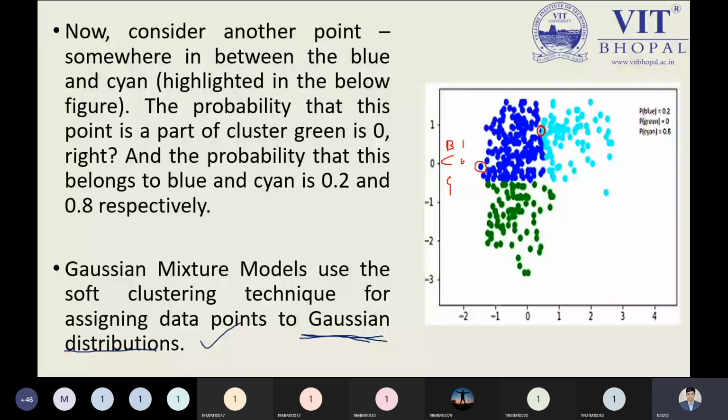Same thing for this green color. These two data points will contain green color probability 1 and the other color probabilities would be 0. Then we can identify it, because it is totally separated. But in this case, when we have overlapped data points, we are observing over here.